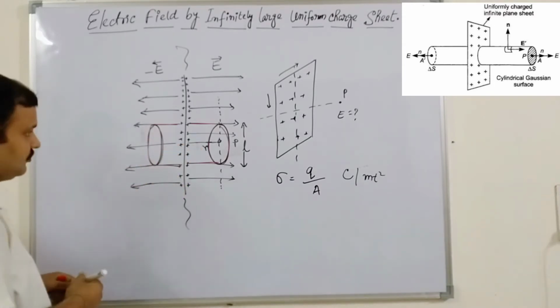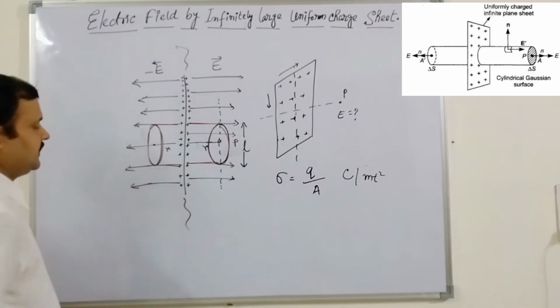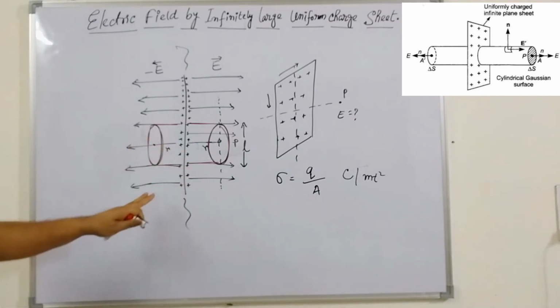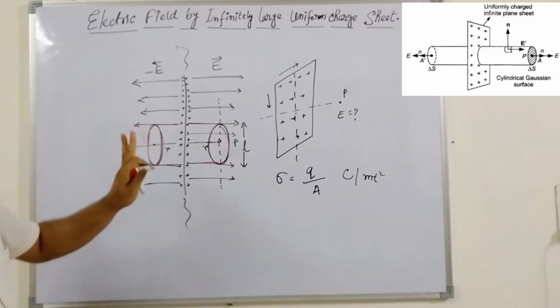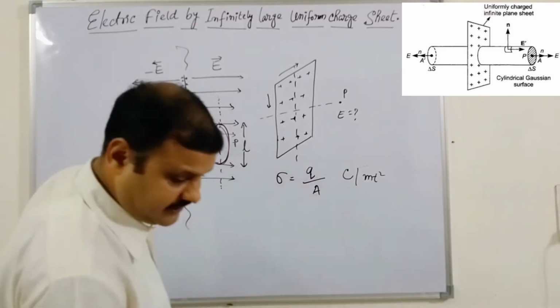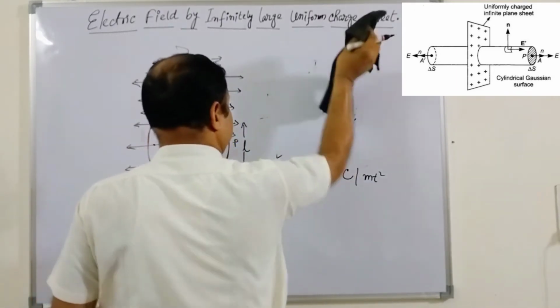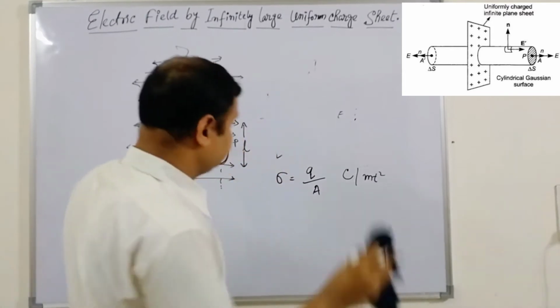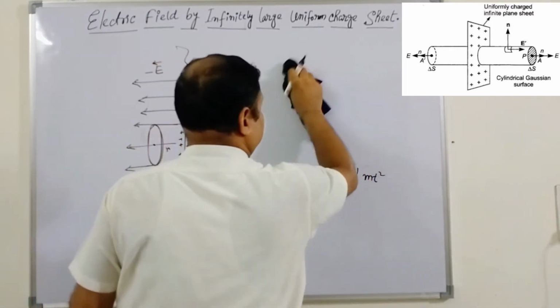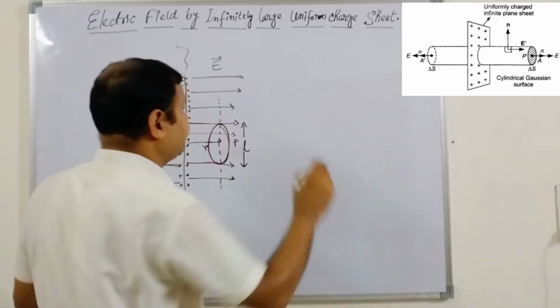So this is also R, this is also R. From this Gaussian surface, we have actually got three surfaces. You consider this is for a cylindrical surface. We got three surfaces like this. Let's write Q is here.